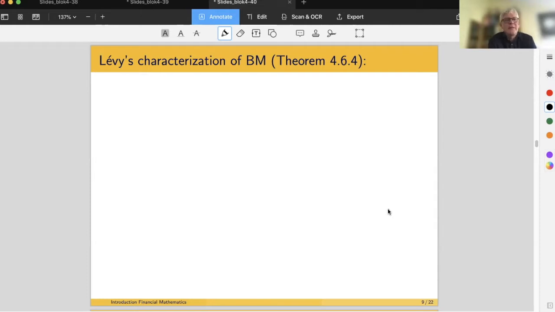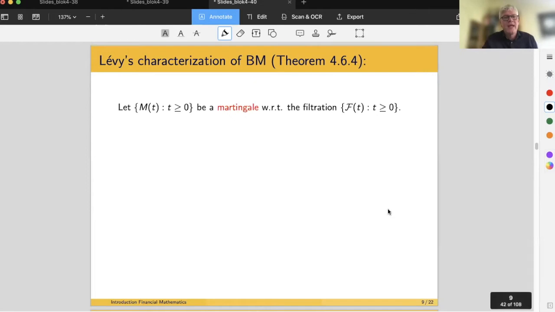So we start in dimension 1, which is indeed theorem 4.6.4, the 1D version of the Levy characterization. And the basis is as follows. Let M_t, t greater equal to 0, be a martingale with respect to the filtration F_t, t greater equal to 0.